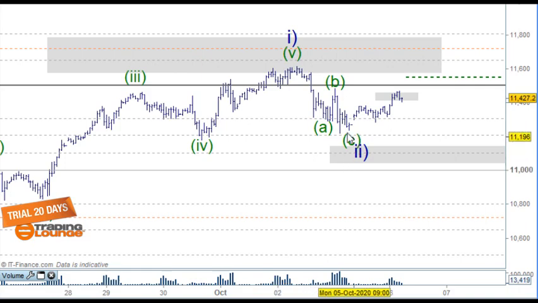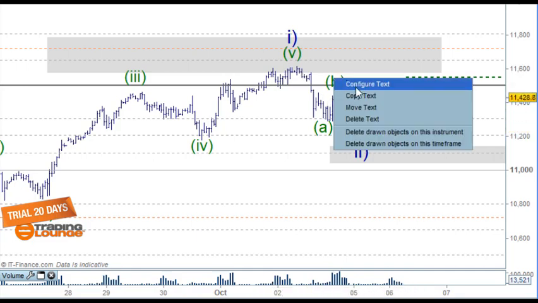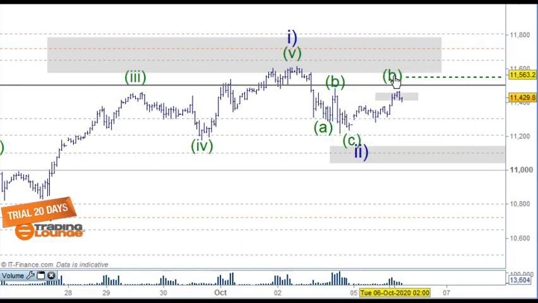As I may have mentioned yesterday, I can count the A, the B and the C in here. It didn't quite make a new low here. So it's still possible that from that high to this low, that's the 61.8%. If I copy that for a moment and have wave B over here and wave C over here, this is what we need to give some consideration to as well.